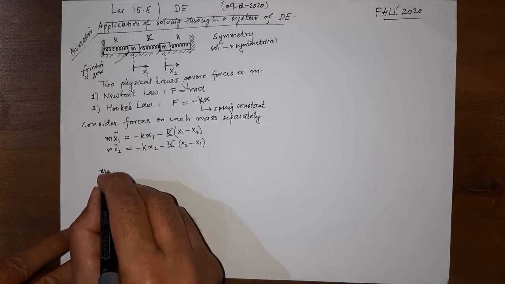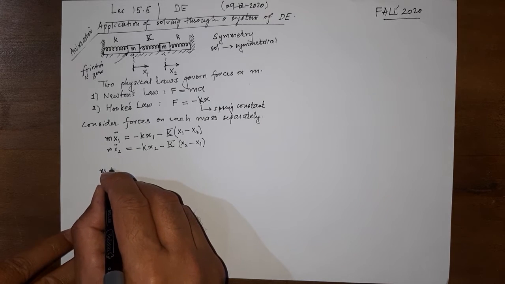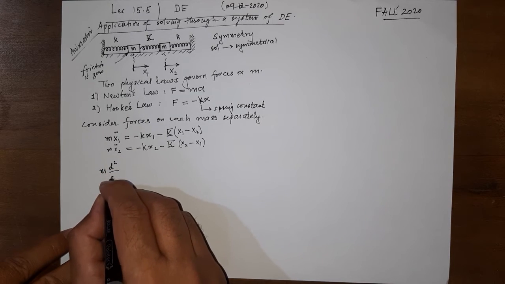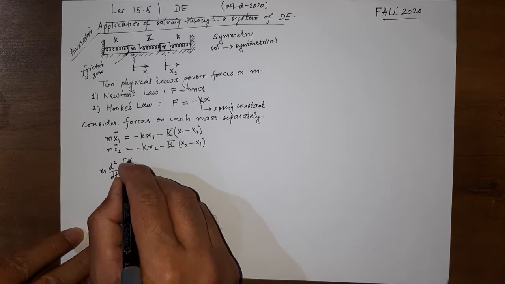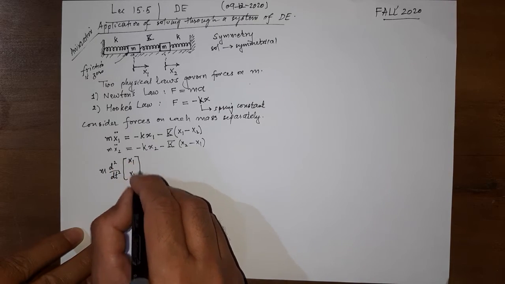So we have m in both, and the second derivative with respect to time of a vector x1 and x2.